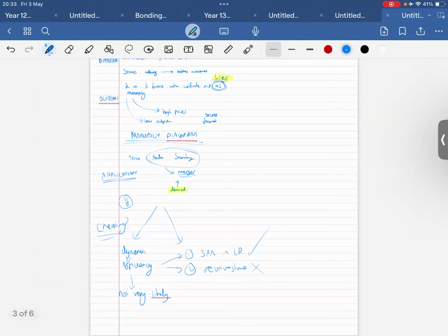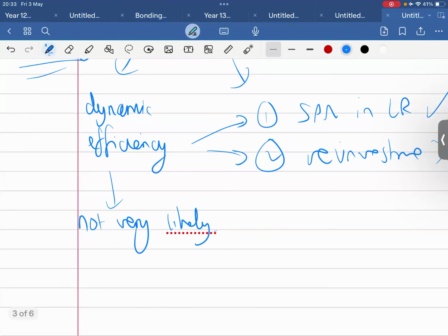For a collusive oligopoly, I would just focus on these. There are some more points such as price leadership, or if we're talking about bad sides, you could talk about low contestability, or not even low, no contestability.